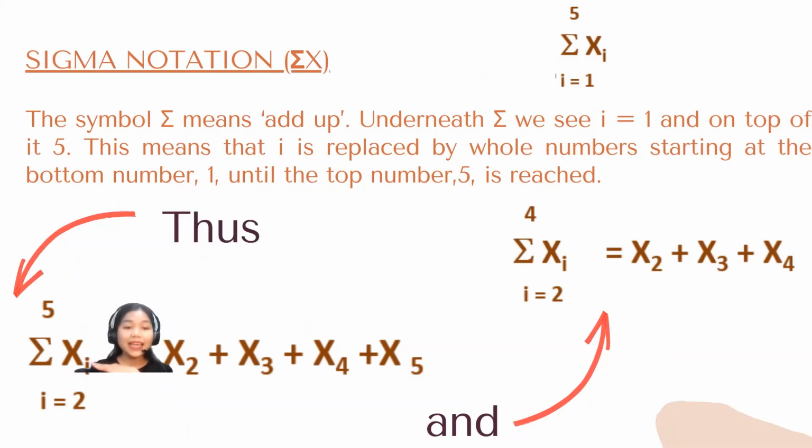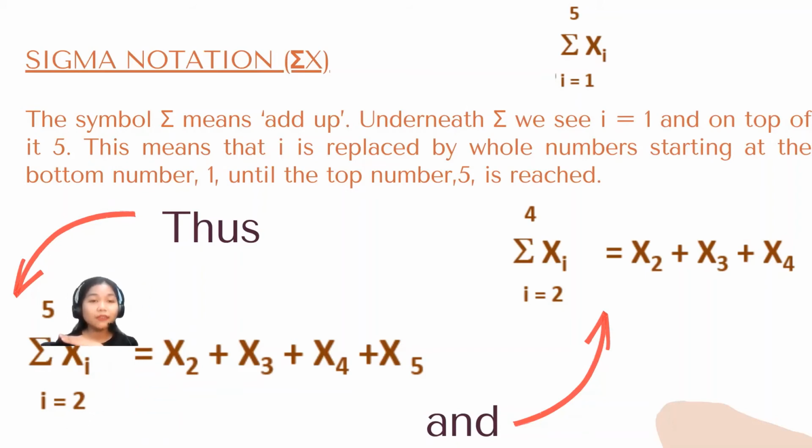Thus, consider the summation of xi as i goes from 2 to 5, which is simply x2 plus x3 plus x4 plus x5. Why exclude x1? Because this notation tells us that we are only starting with the second value up until the last value, which is 5.